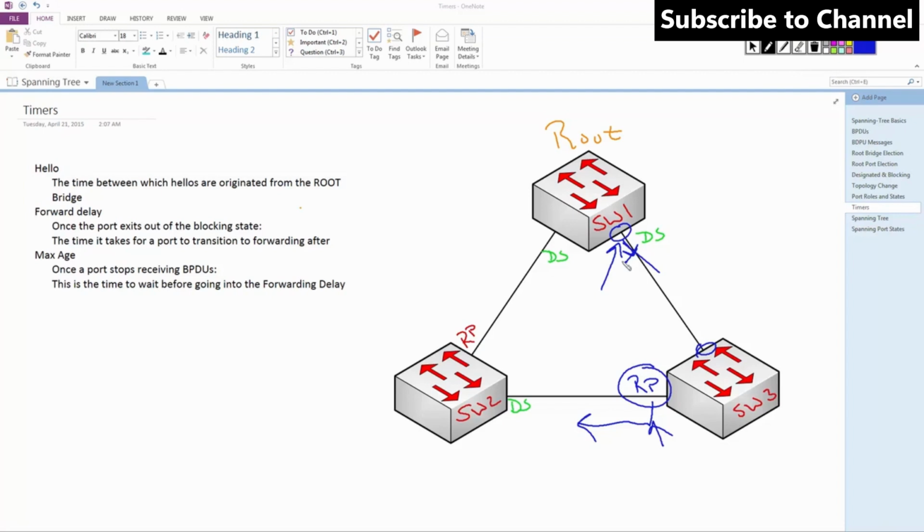So, the max age states that when I stop receiving BPDUs, I am going to wait for a period of time before I decide to start going through the listening and learning stages, which means I'm not going into the forwarding delay period for a period of time if I stop getting BPDUs on this particular interface.